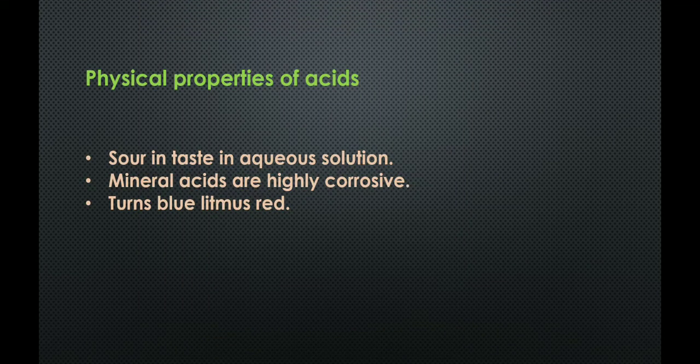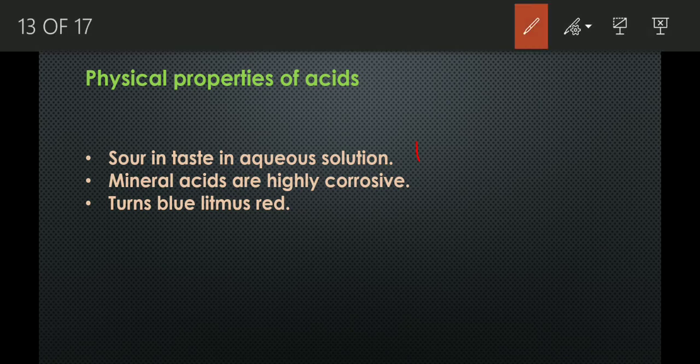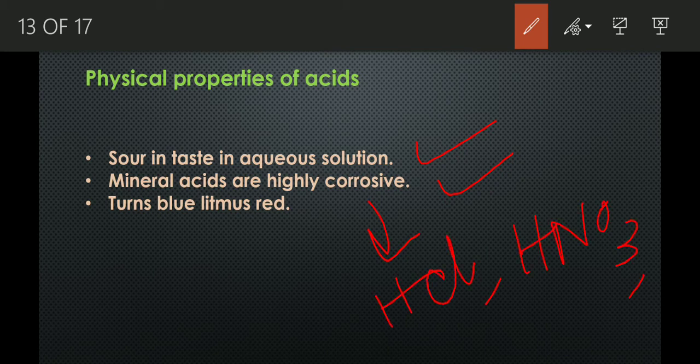Now, what are the physical properties of acids? Acids are sour in taste in aqueous solution. Mineral acids are highly corrosive. Okay, they are very much harmful. Mineral acids like I have already told you, HCl, HNO3, H2SO4, all these acids are very corrosive. Litmus is an indicator.